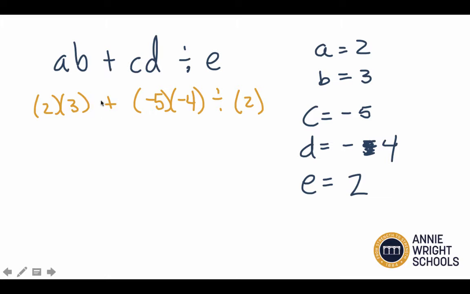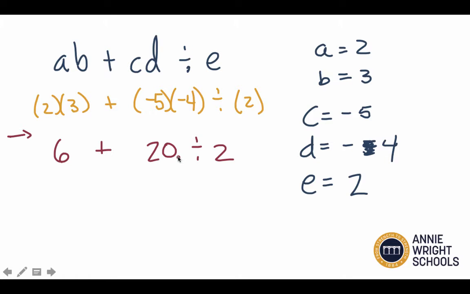Then exponents: there are no exponents. Then multiplication and division in order left to right. So we'll start here. 2 times 3 is 6, plus, now we're going to do this, negative 5 times negative 4 is positive 20, then divided by 2.